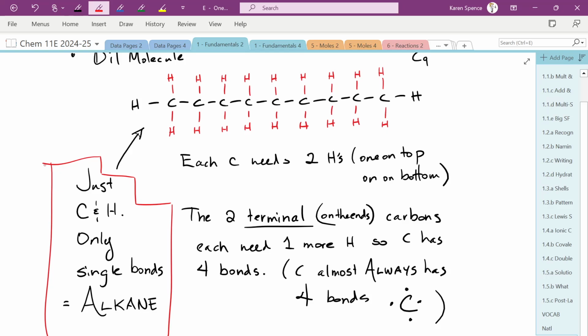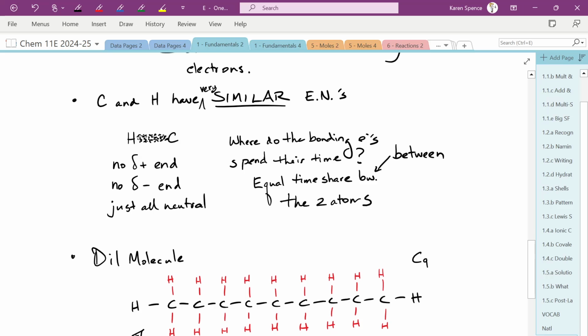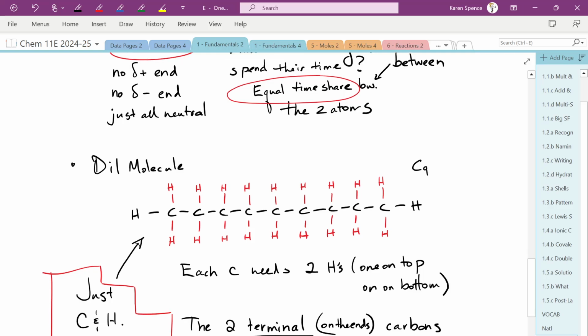So if each of those hydrogens and carbons are sharing their electrons equally, equal time share, this molecule then, is it polar or non-polar? So this is why it's dissolved.